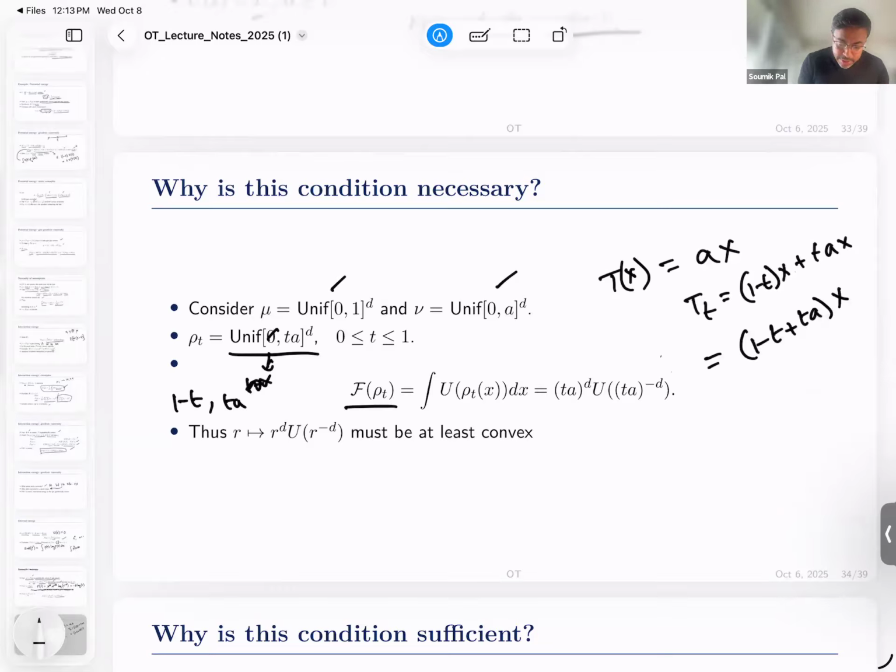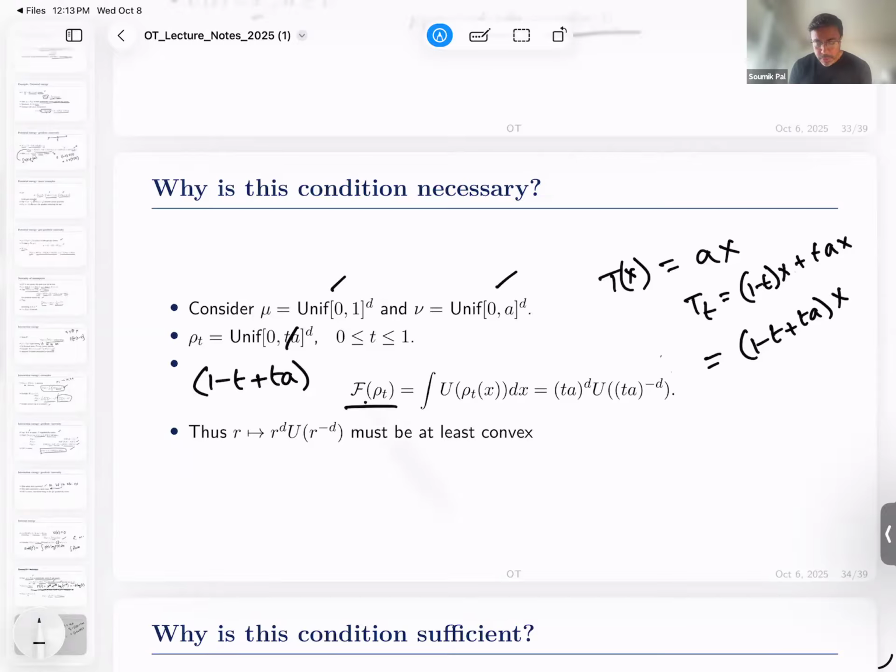So then this is not ta, but 1 minus t plus ta. Thank you. So this is really not ta, but 1 minus t plus ta. That's my side length. There are probably some typos here too, but the idea is still the same.